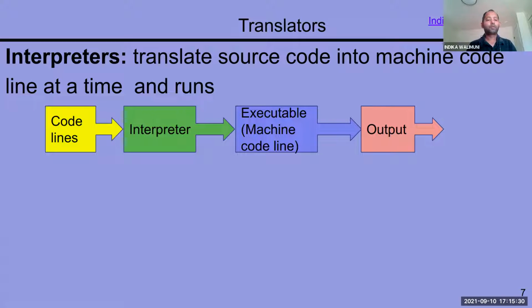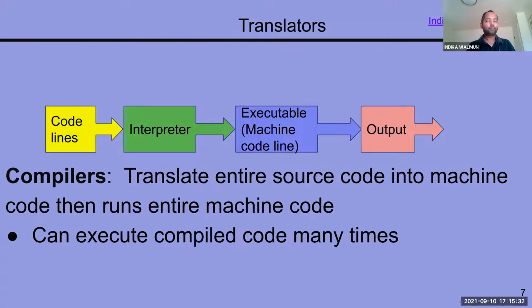So compilers translate the entire source code into machine code, then run the entire machine code. Once you compile, you can execute that compiled code many times.